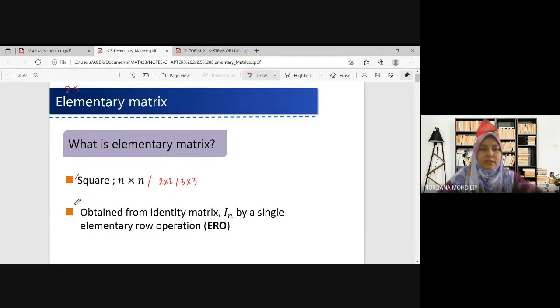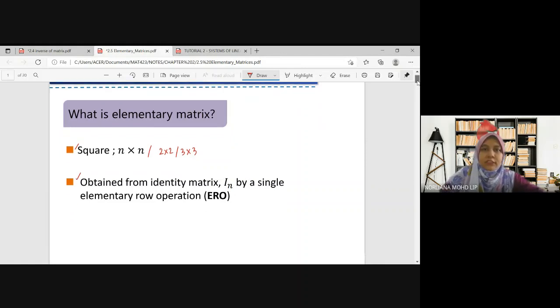The second characteristic, it is obtained from the identity matrix by a single elementary row operation. It only involves a single elementary row operation, one elementary operation.